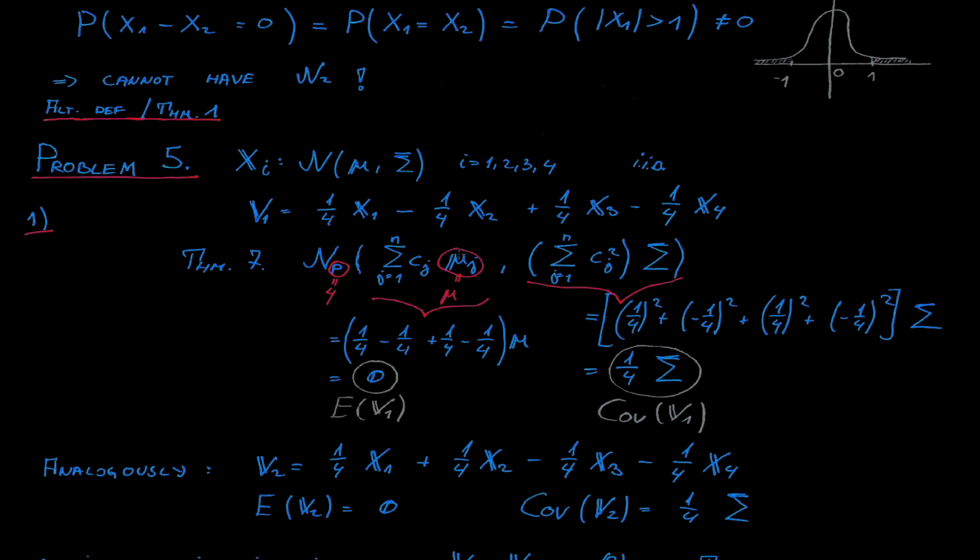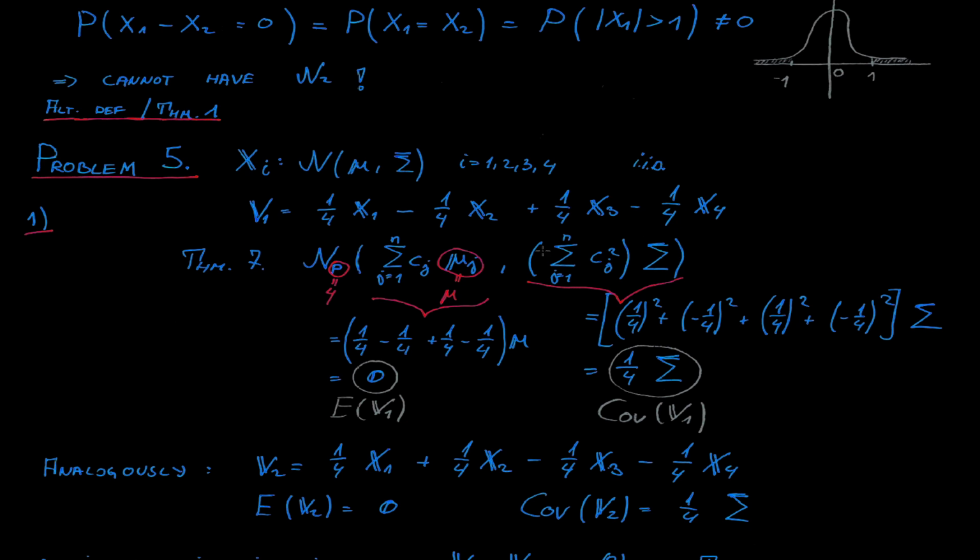Because in this case our mean vector is the same for every random vector, we can just substitute it as mu and sum all the constants. By the constants we mean 1/4, minus 1/4, plus, minus. So we have this sum. This is our sum of cj, and it is 0. So our v1 has mean 0, the expected value of this random variable.